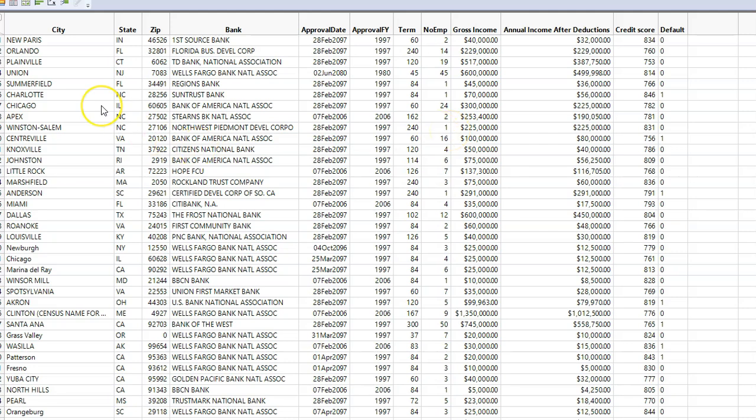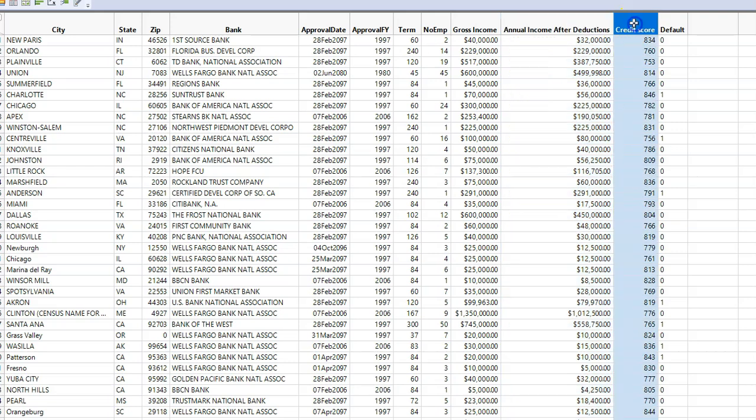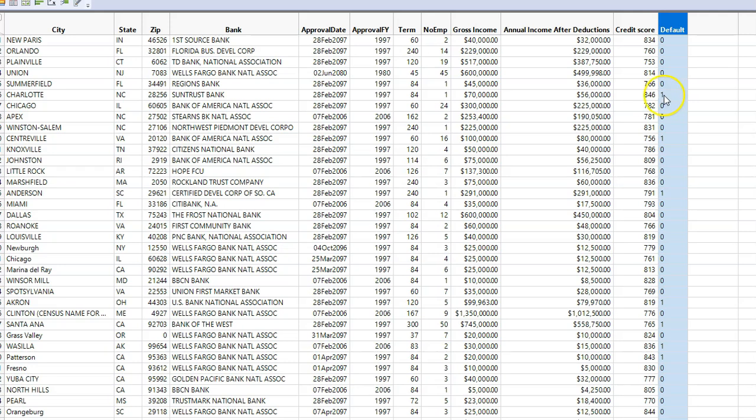There is lots of information about our clients, customers: city, state, zip code, bank, approval date, terms, gross income, annual income after deductions, credit score, and did they default or not. If they default, it's a 1. If they did not default, it's a null or 0.